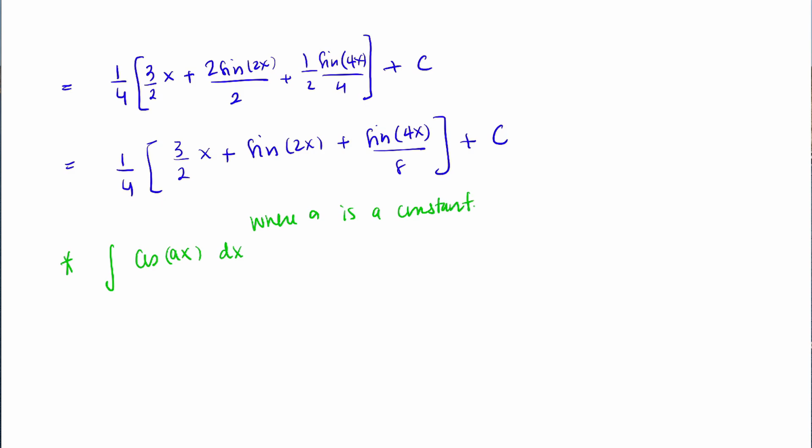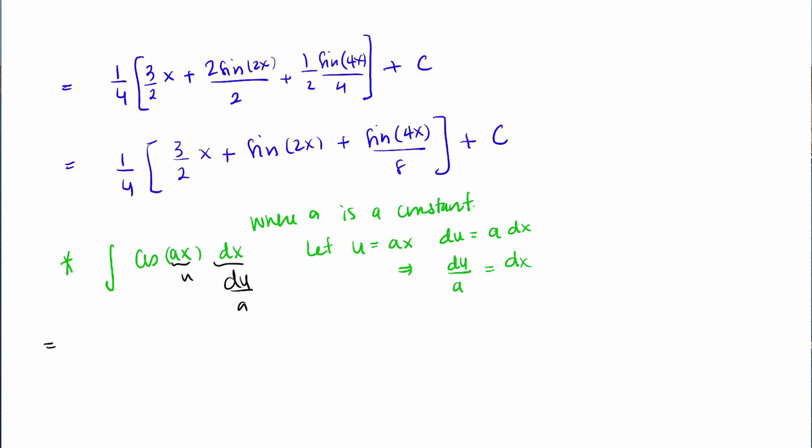So again, go through this at least once. If I'm computing the integral of cosine of a number times x, by a constant I mean a number, then you say, well, let u be equal to ax, then du is equal to a dx, and therefore it'll always be true that dx is equal to du divided by a, and ax is equal to u.